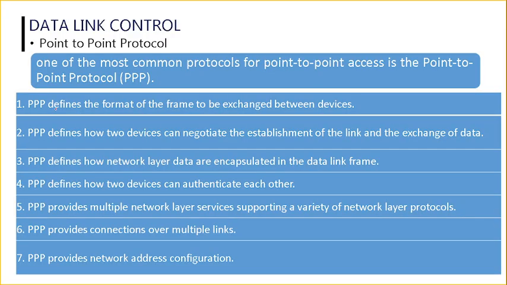So the main function of PPP is to define the frame format that needs to be exchanged between two devices. It helps in negotiation of two devices for the exchange of data. It helps in encapsulation of data that needs to be shared between two devices. It helps in authentication of devices.